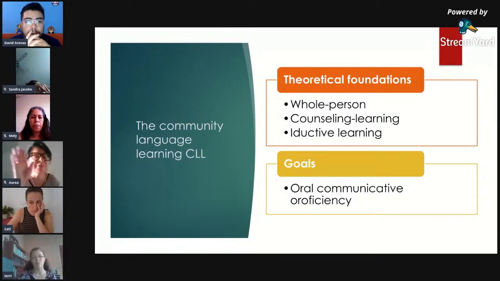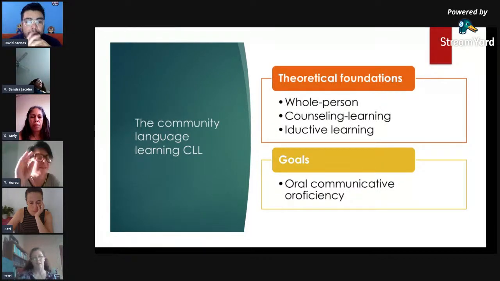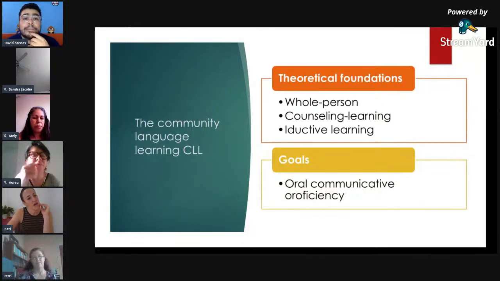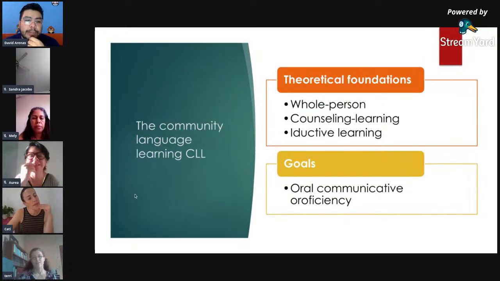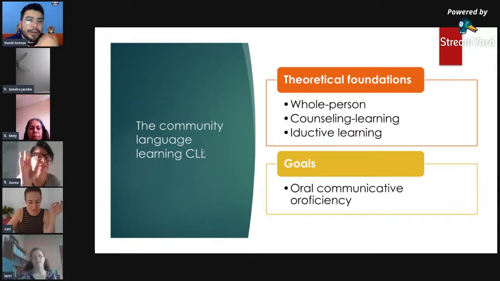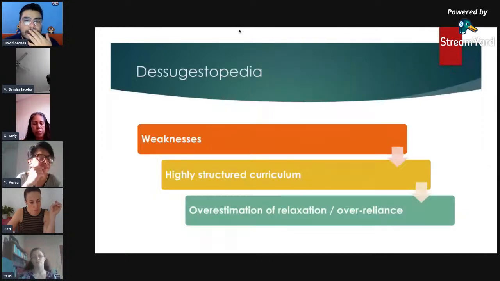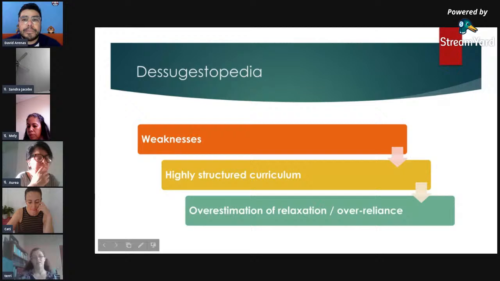And at the beginning, the students were really dependent on the teacher, but as it went on, they became more independent. That was one of the things I noticed. Okay, in both of them, in the community language learning or in the TPR?